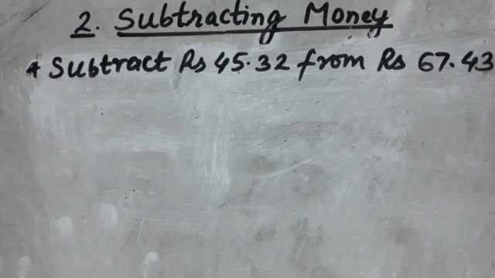So students, in the case of subtraction, if there is the term from, we always keep the number which comes after from at first, whereas the amount which lies before from should be kept below.